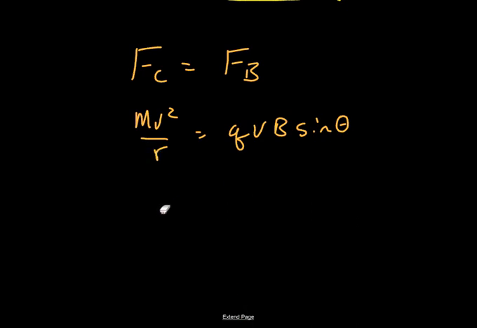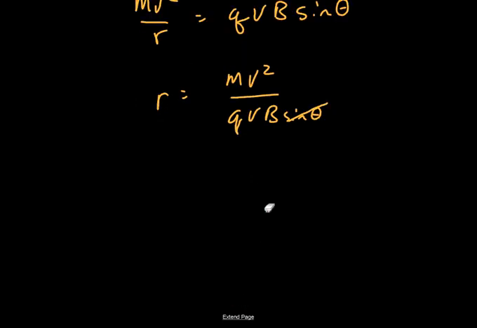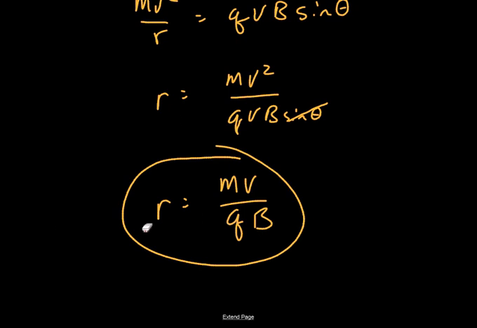Well, what would you find? r equals mv squared over qvb. And actually, for the most part, you're probably dealing with 90 degrees, so that's just going to be irrelevant. And then you're going to cross one of those v's off, so you might end up with this. Nope, that's not right. Sorry. Yep, r equals mv over qB. Math is hard.